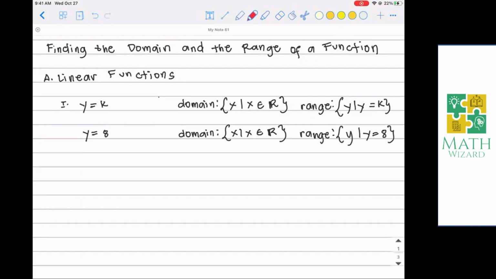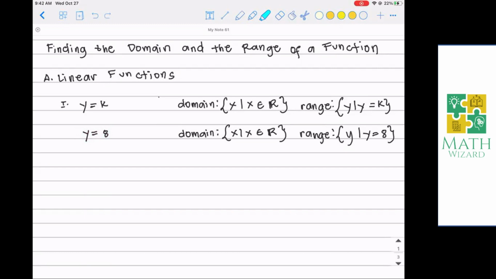Kasi, given na siya, y is equal to 8. Meaning, the value of y is just equal to 8. Hindi na siya mababago. Hindi mo na yan mababago. So, therefore, ang ating range ay y such that y is equal to 8.